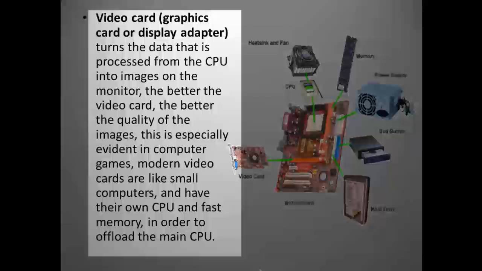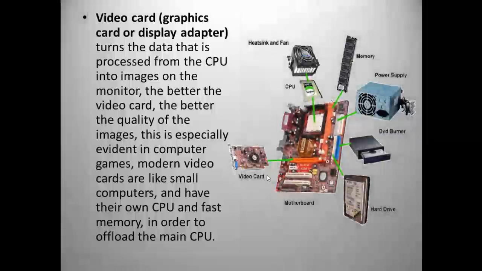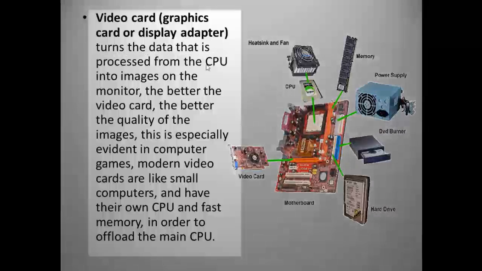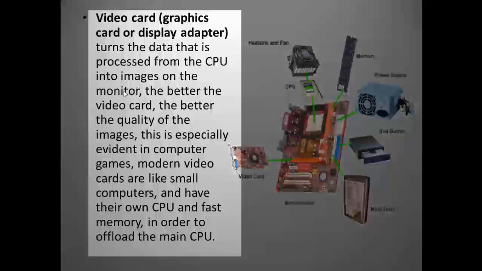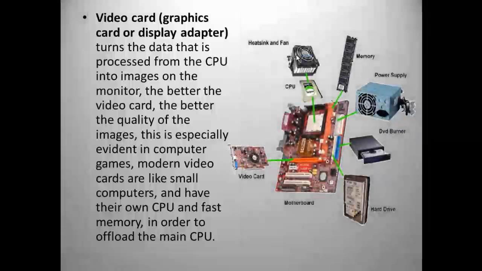The video card, or graphic card, or display adapter, turns the data that is processed from the CPU, this guy over here, into images on the monitor. So if we've got an imaging process, it happens here. It comes from here to the motherboard, and then it goes here, and the processing happens here.